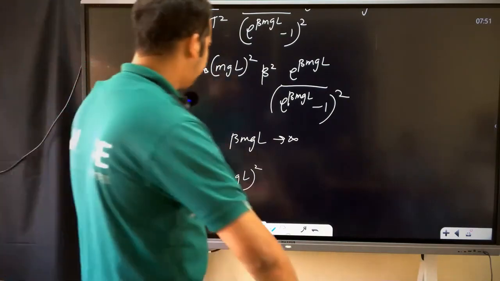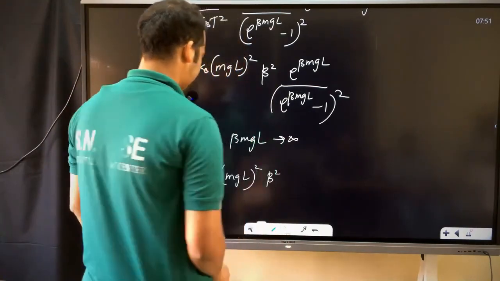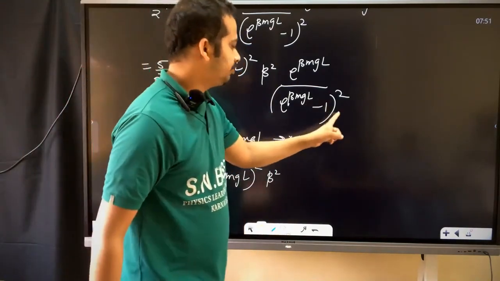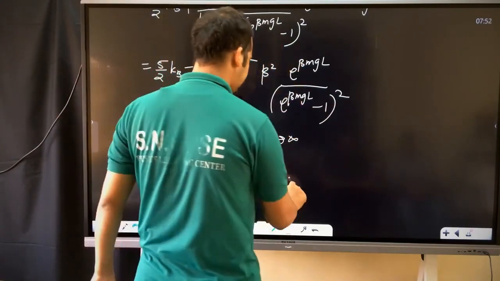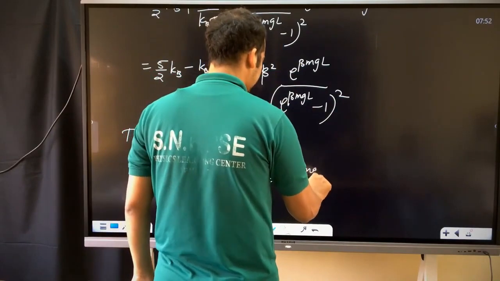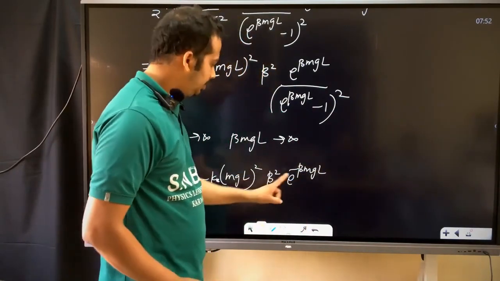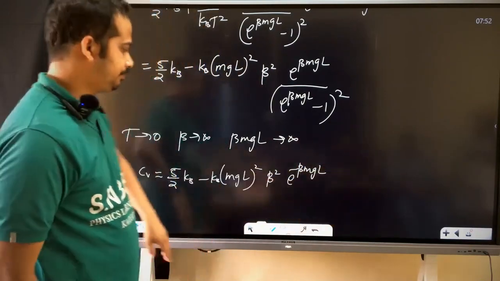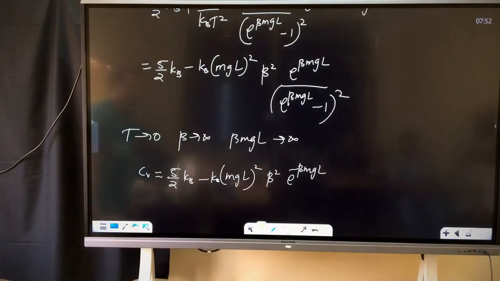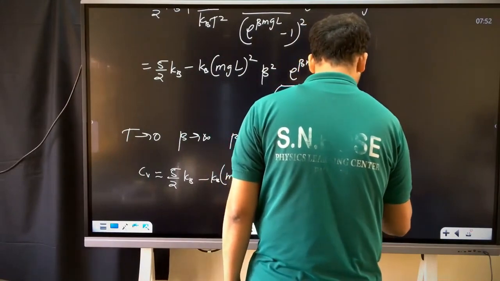This minus 1 can be neglected, e power minus 2 beta mgL, so e power minus beta mgL will remain. As this tends to infinity, even though beta square is there, this will drag it to 0. So this is nearly equal to 5 by 2 kB.